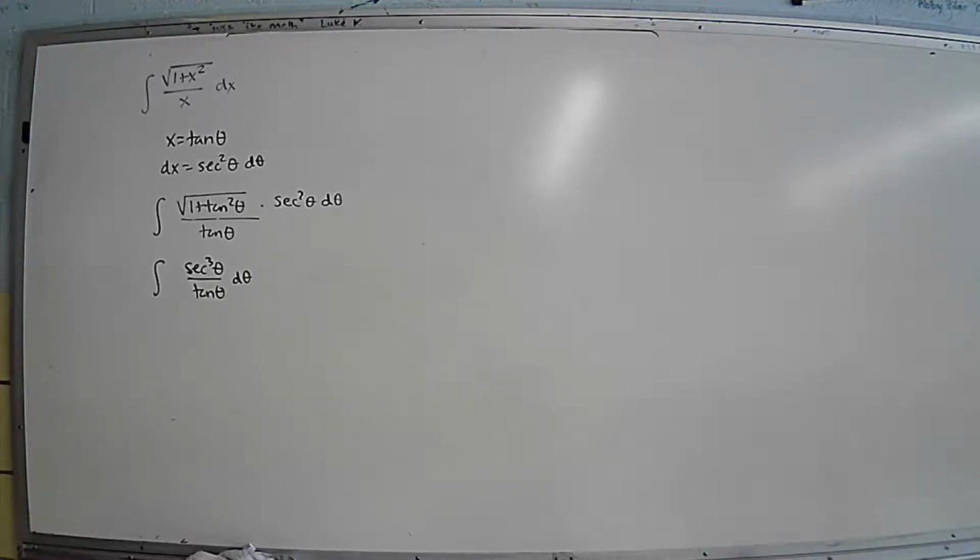So my first thought would be to simplify it. Can you simplify secant cubed divided by tangent? The answer is yes, so everybody do it. Secant cubed is 1 over cosine cubed. Dividing by tangent is the same as multiplying by the reciprocal of tangent, which is cosine over sine.